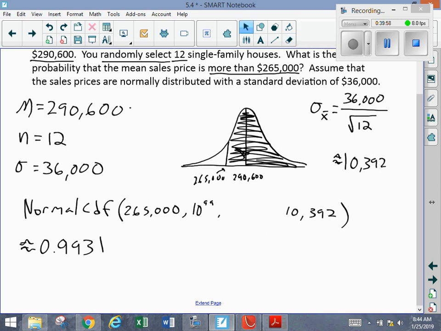Up, up, up, and now big eraser. I'm going to just have to write it big. 290,600. A lot of commas in there. Looks weird. That's okay.